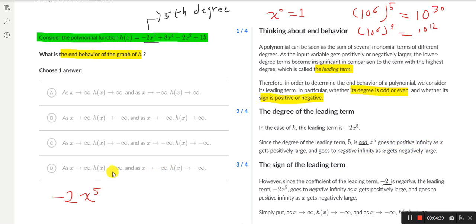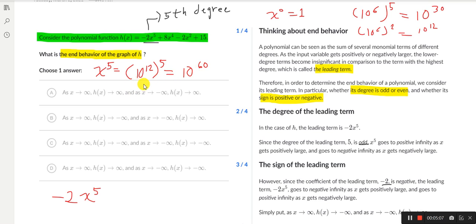That this is true, if we take x to the power of 5 and say x is a ridiculous number, 1 trillion, which we would write like this, as you can see, this number gets really big.